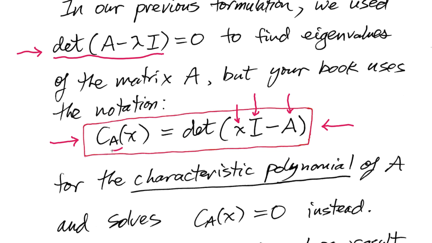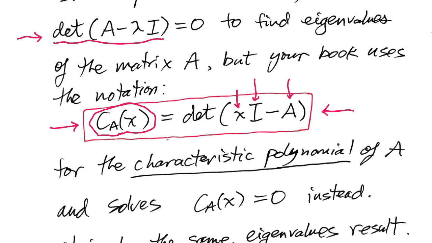So it's written this way, and we call that the characteristic polynomial, and I mentioned that in the previous video. So the c stands for characteristic, and this is a polynomial in x the way they're doing it, and that's the way we'll do it for most of the time, at least from now on. So that's the characteristic polynomial of the matrix A.